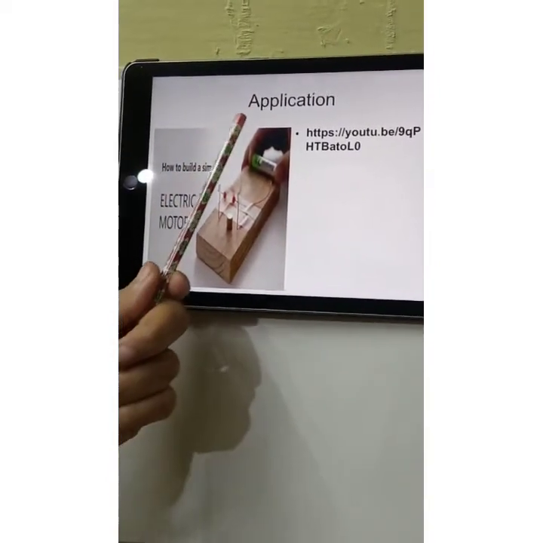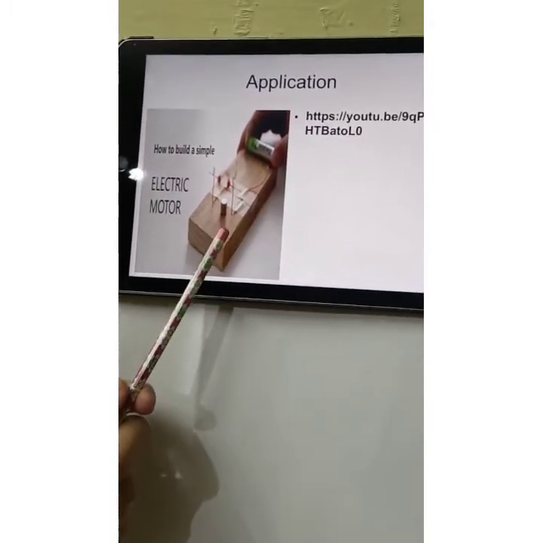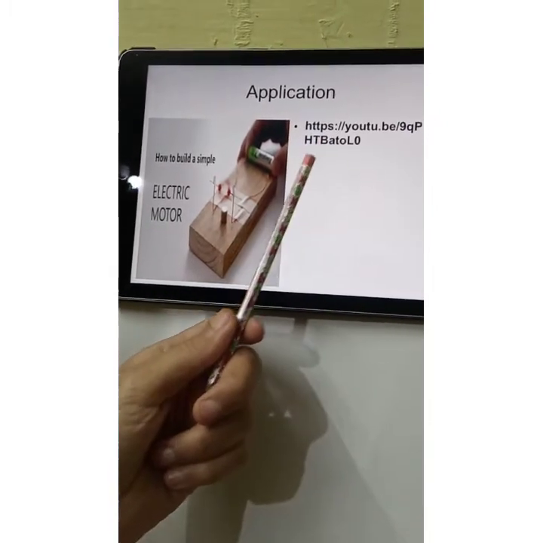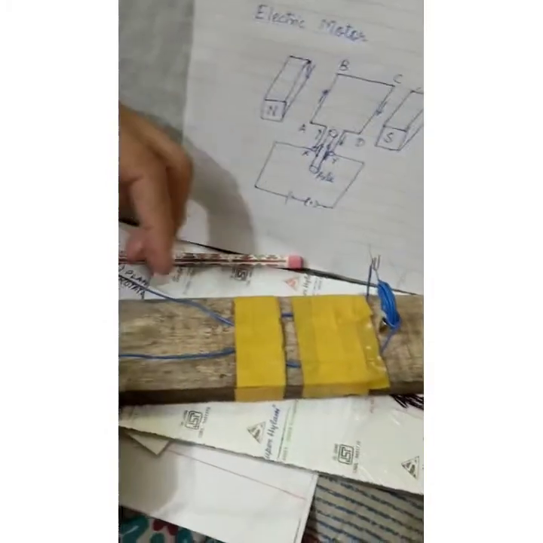Yes, in this application, how to build a simple electric motor is shown, and there is a small classroom demonstration. This we have made at home.